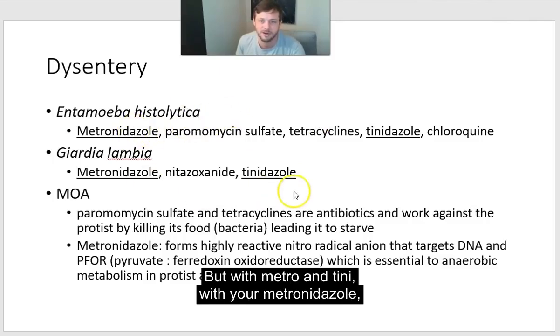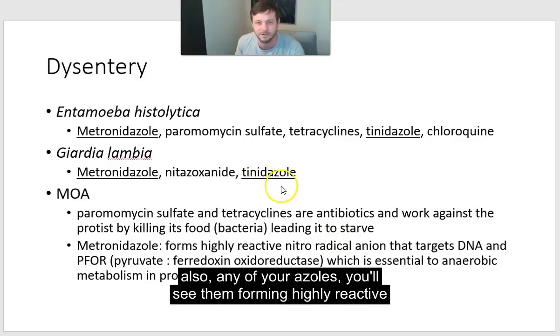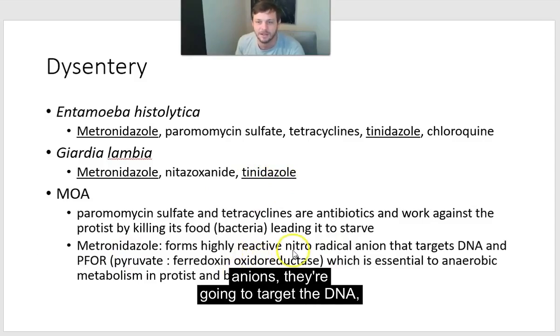But with metronidazole and tinidazole, also any of your azoles, you'll see them forming highly reactive anions.